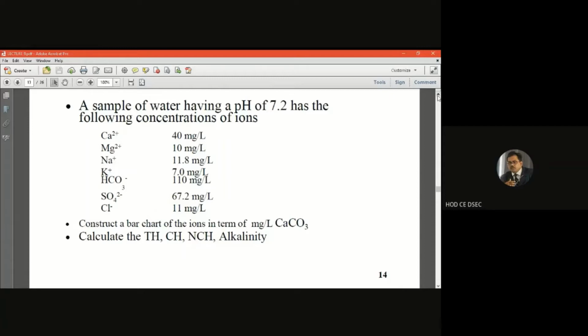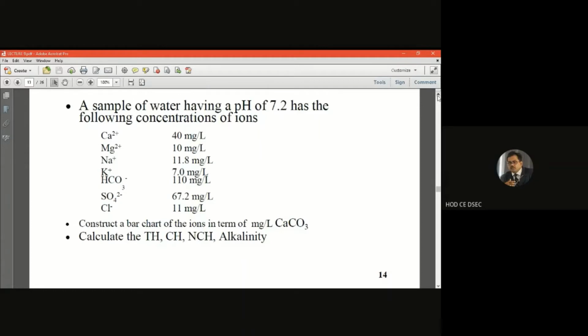The total hardness TH consists of temporary hardness and permanent hardness. Temporary hardness means carbonate hardness, which is easily removed by boiling, and permanent hardness is the non-carbonate hardness. So CH plus NCH will give the TH, the total hardness that you have to find out.